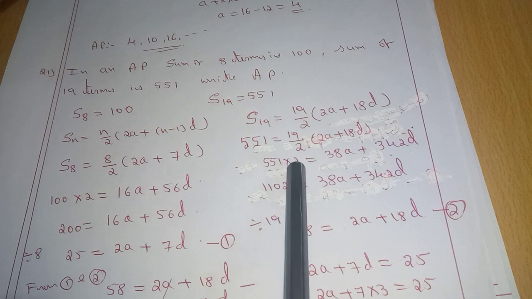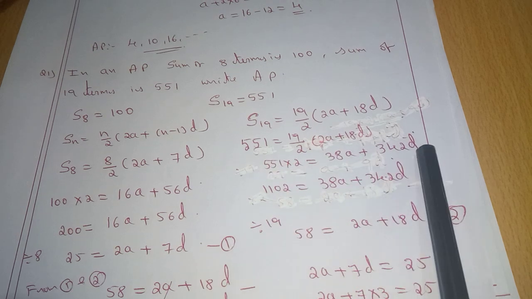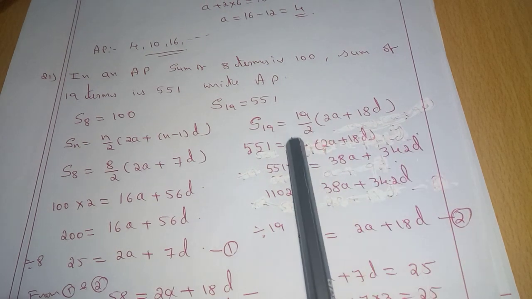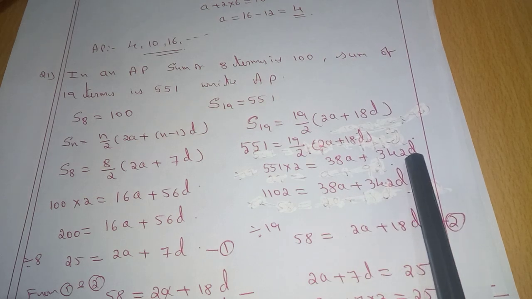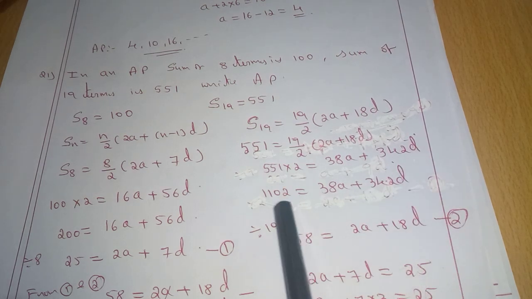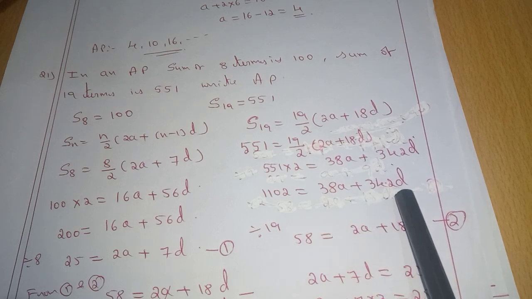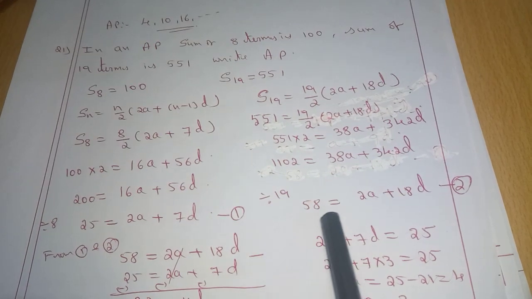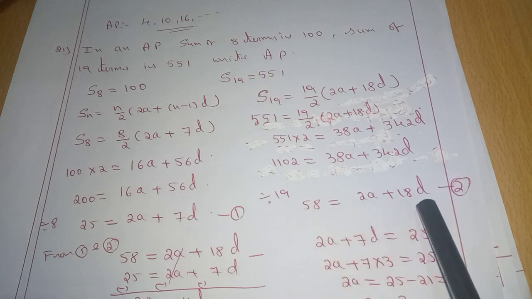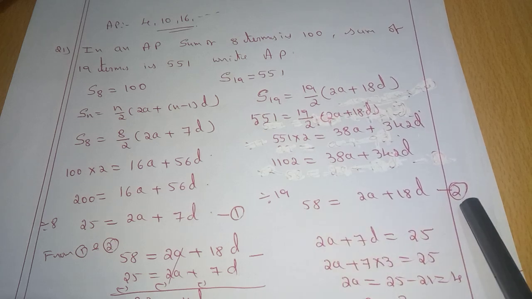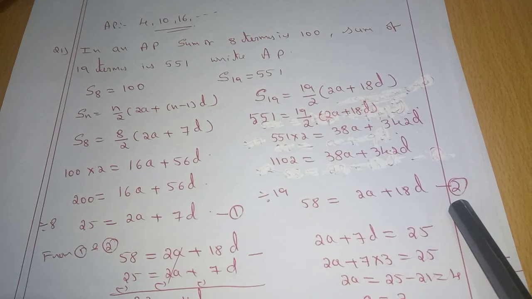Here 551 into 2 is equal to 38a plus 342d, 19 into 18 is 342. 1102 is equal to 38a plus 342d. Divide by 19. We will get 58 is equal to 2a plus 18d as the second equation.